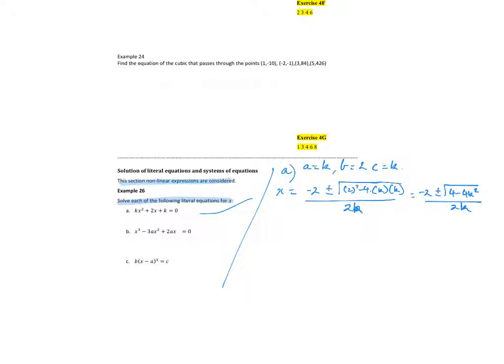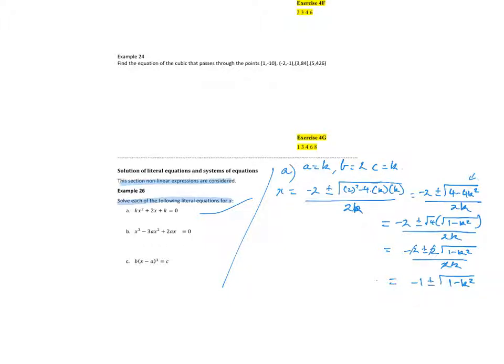So there's not a lot we can do there. We might be able to take 4 out as a factor. Negative 2 plus or minus, we'll take the square root of 4 out of the square root, and that makes me a 1 minus k squared over 2k, which means I might get a negative 2 plus or minus 2 square root 1 minus k squared over 2k. 2's will cancel, so we get negative 1 plus or minus the square root of 1 minus k squared.